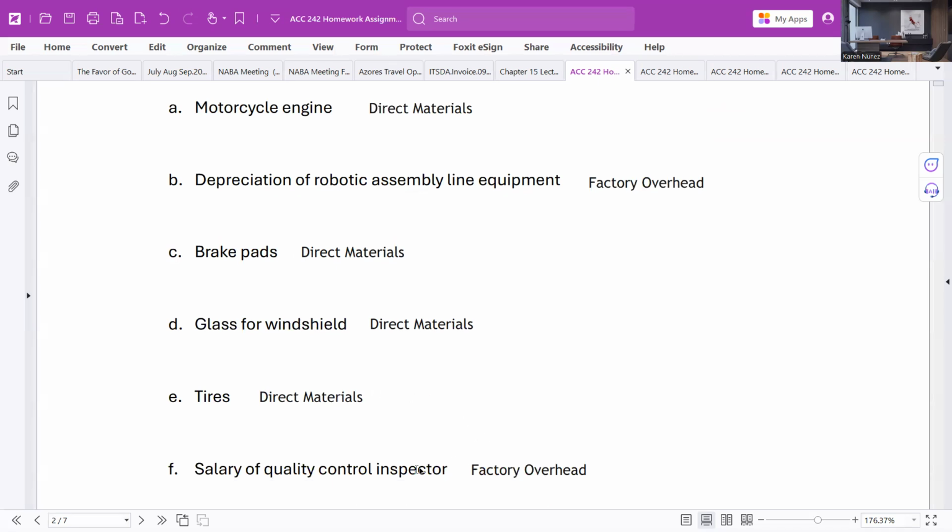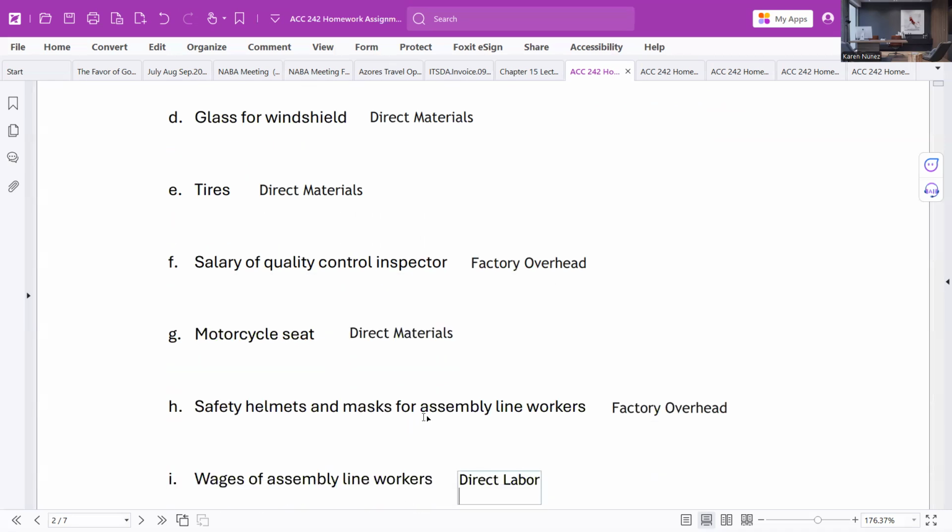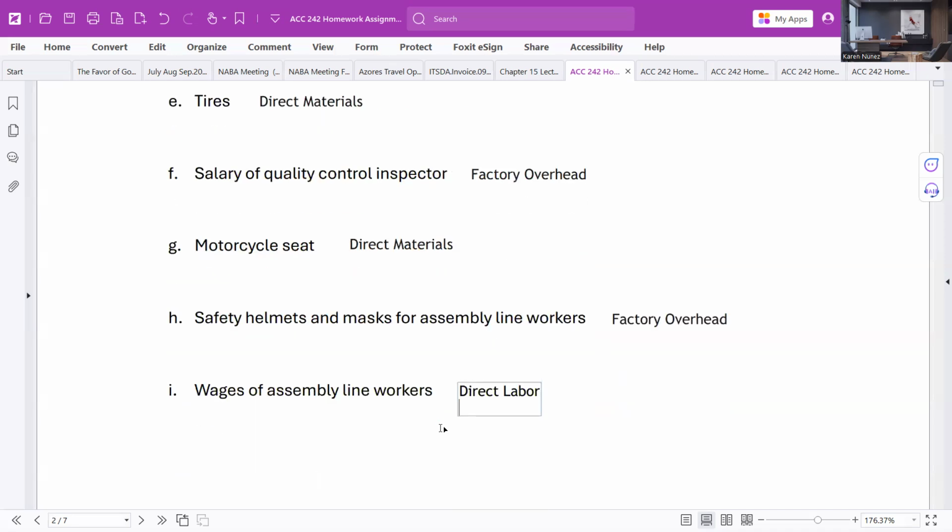And then again, more costs that are related to manufacturing, but we can't trace them, and we probably wouldn't want to if we could. The quality control inspector, the salary of the inspector, more direct materials, the motorcycle seat, more overhead, the safety helmets and the masks the assembly line workers use, and then finally the wages of the assembly line workers, that's direct labor.